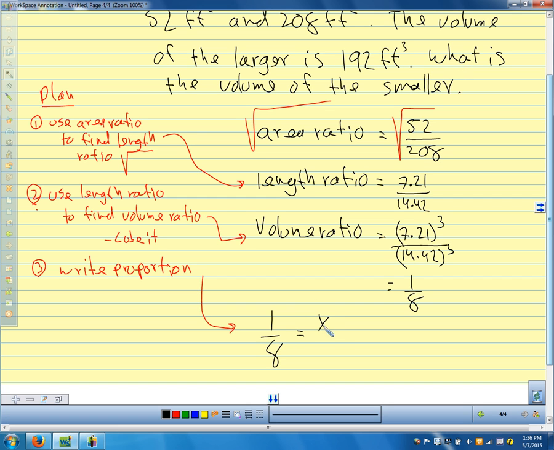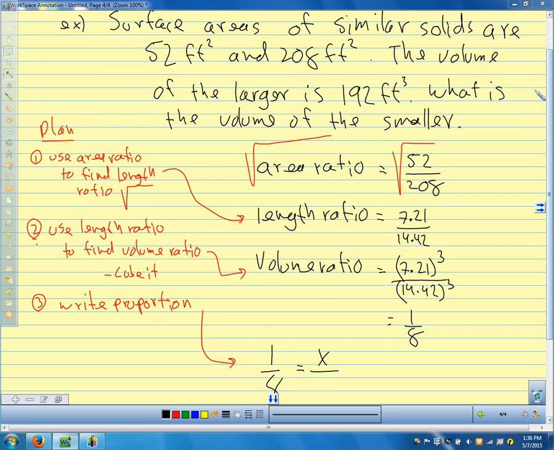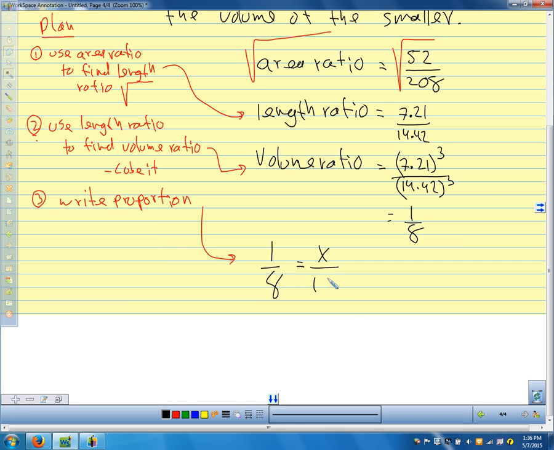X over 192. And to solve this, I'm just going to multiply both sides by 192. And x equals 24 cubic feet.